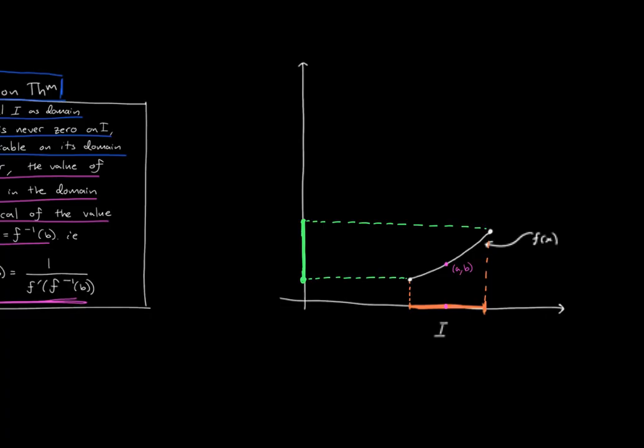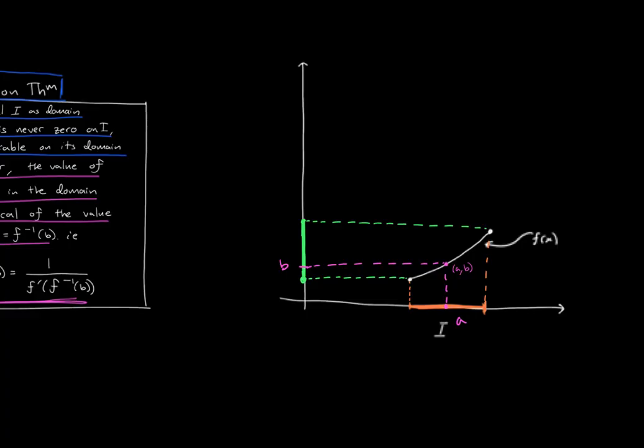So here's the range of f, which is that interval. And then b would be some value in here. So we've got (a, b). This would be a, this would be b.